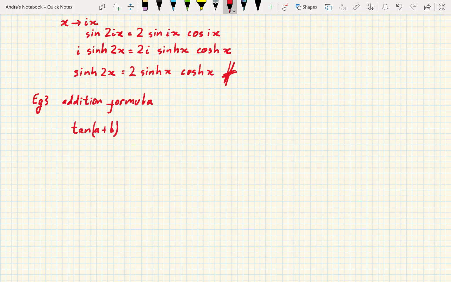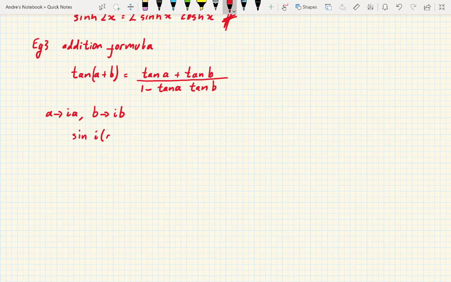For the final example, let's take the addition formula for tan of a plus b. We have tan of a plus b equals tan a plus tan b over 1 minus tan a tan b.